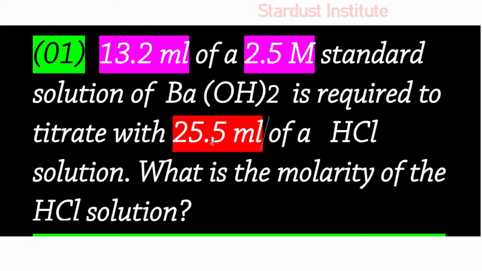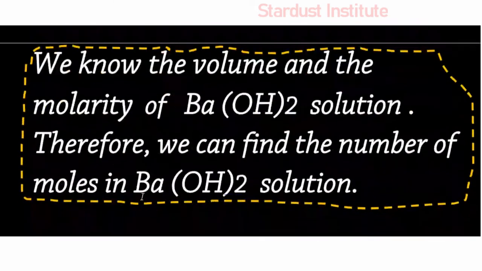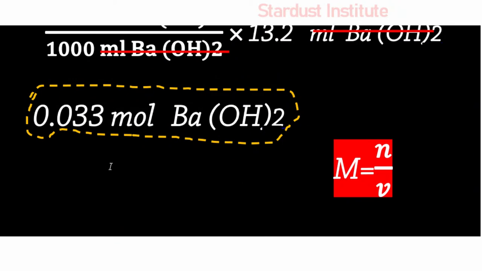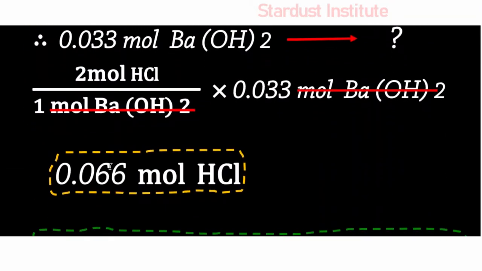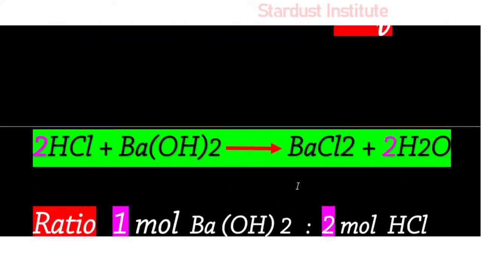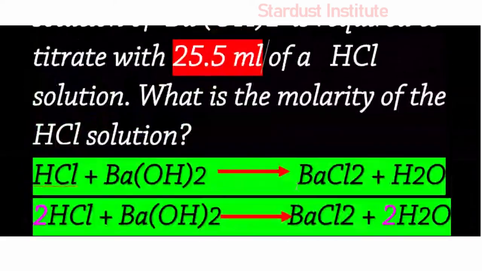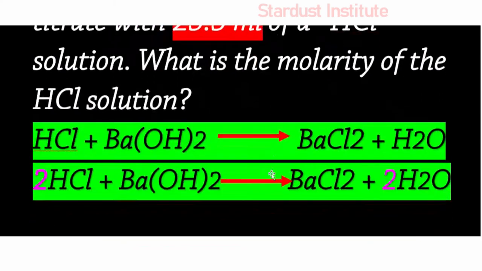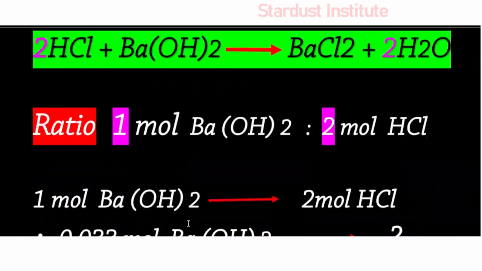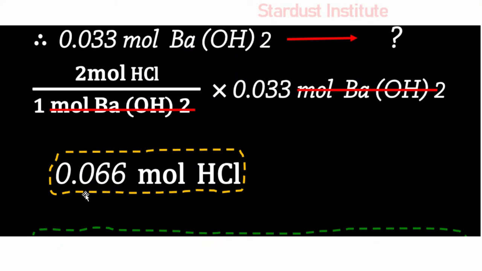In 25.5 milliliters of this HCl solution, there are 0.066 moles of HCl.